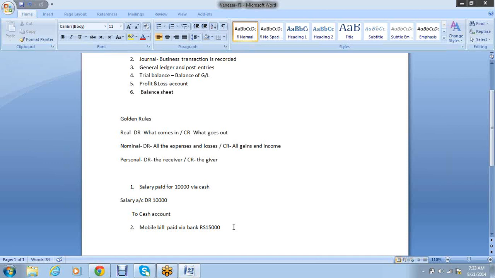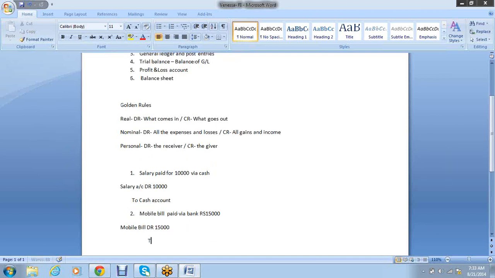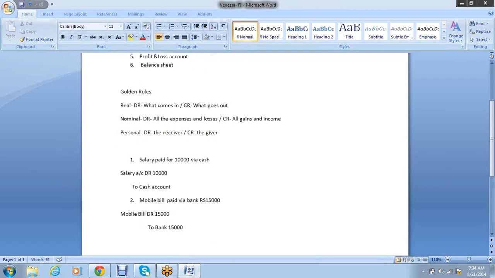Mobile bill is a debit. Why is it debit? Because it's an expense. Correct. So if one account is debit, definitely another account will be credit. Bank account will be credit because my money is going out via bank. The money goes out from the bank account.